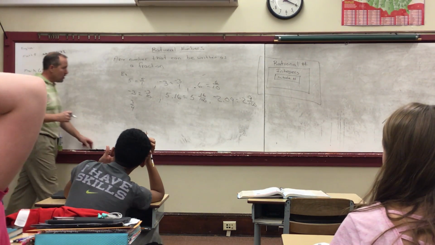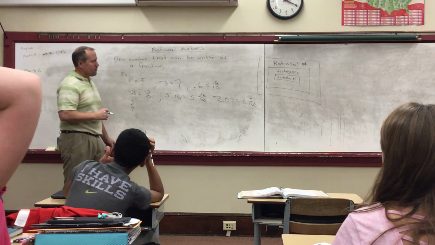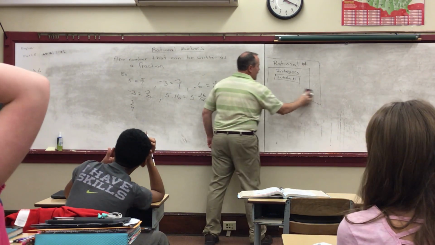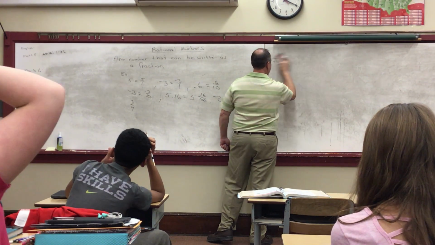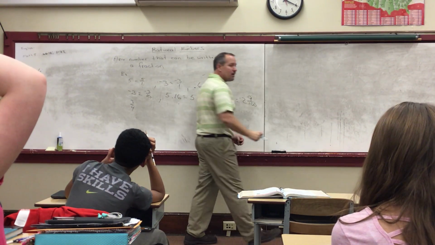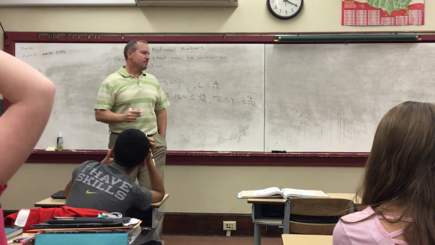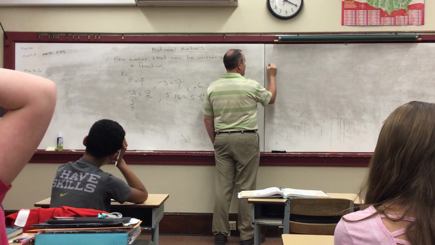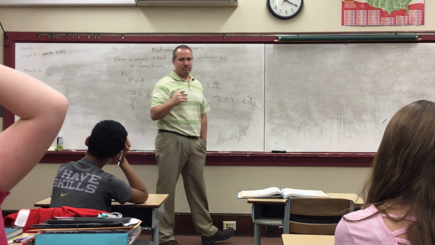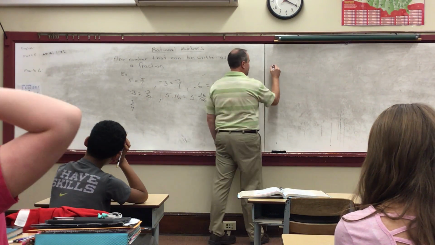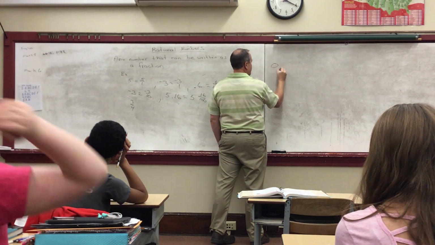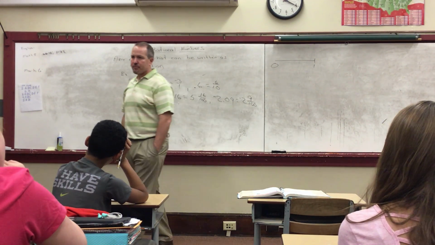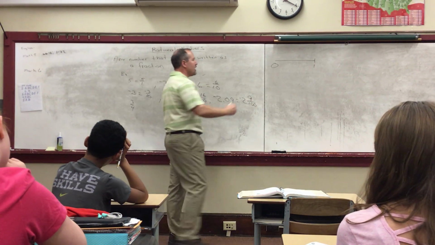Now, what are we going to do with rational numbers? Okay, well, we're going to be putting them on a number line. Now, if you have two whole numbers, or two integers, any two integers, let's say 0 to 1, and it's broken into 10 sections.